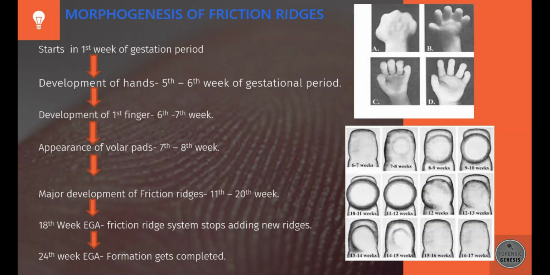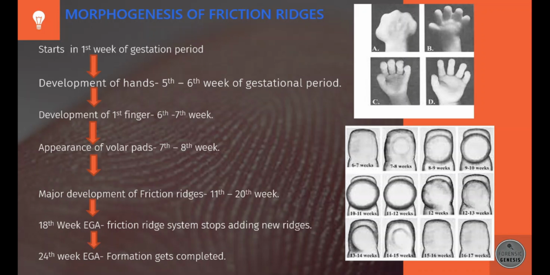So these volar pads appear on each finger at 7 to 8 weeks and remain clearly visible until 10th week, when growth of hand overtakes the pads, rendering them not visible by week 16, as it is clearly visible in the diagram also. By the week of 16, it is invisible to us. So this whole phenomenon is called regression.